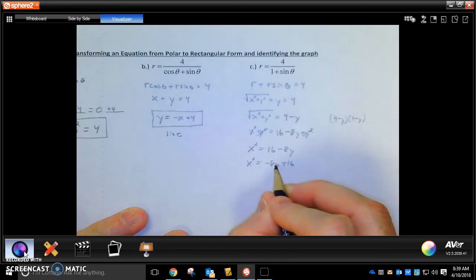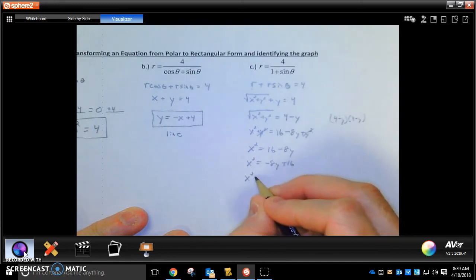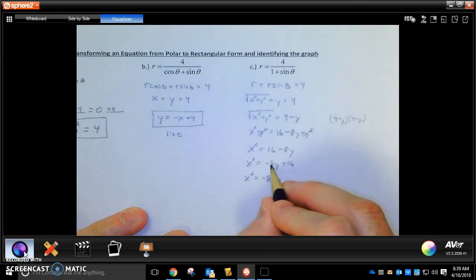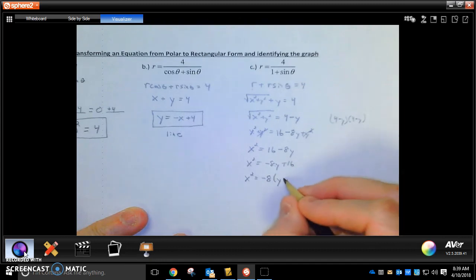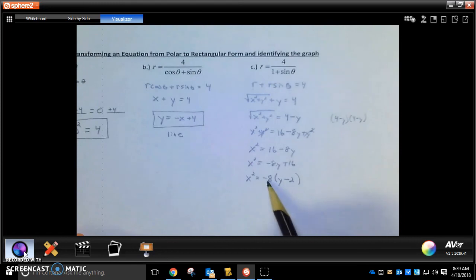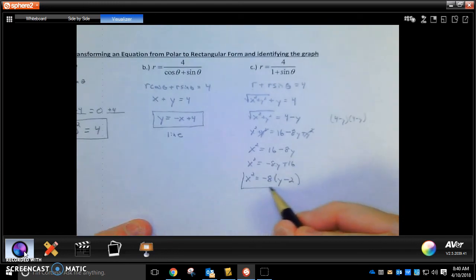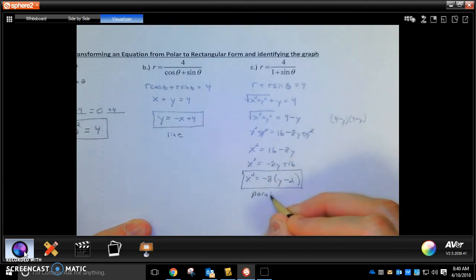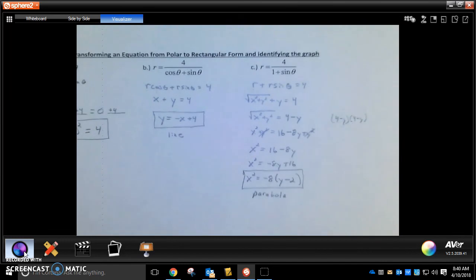I'm going to get the y by itself by factoring the negative 8 away from it. If I factor a negative 8 from a positive 16, I'm going to have a minus 2. So think about that. If I were to redistribute, the negative 8 times the negative 2 would give me a plus 16. And this is the standard form of a parabola. And that is it.